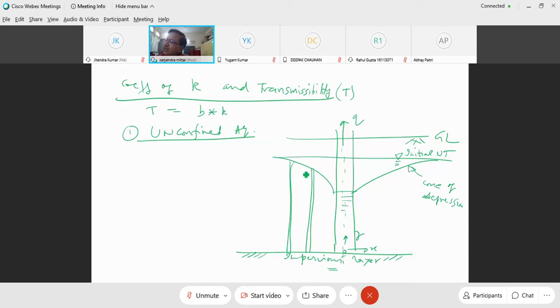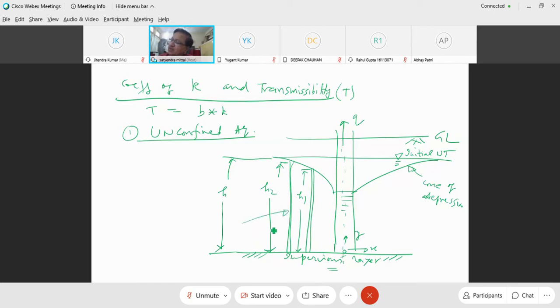Let us say this is H1, this is H2, and where this meets, let us say this is H. Means the cone of depression where it meets the water table, this point is at H. So these are piezometers.